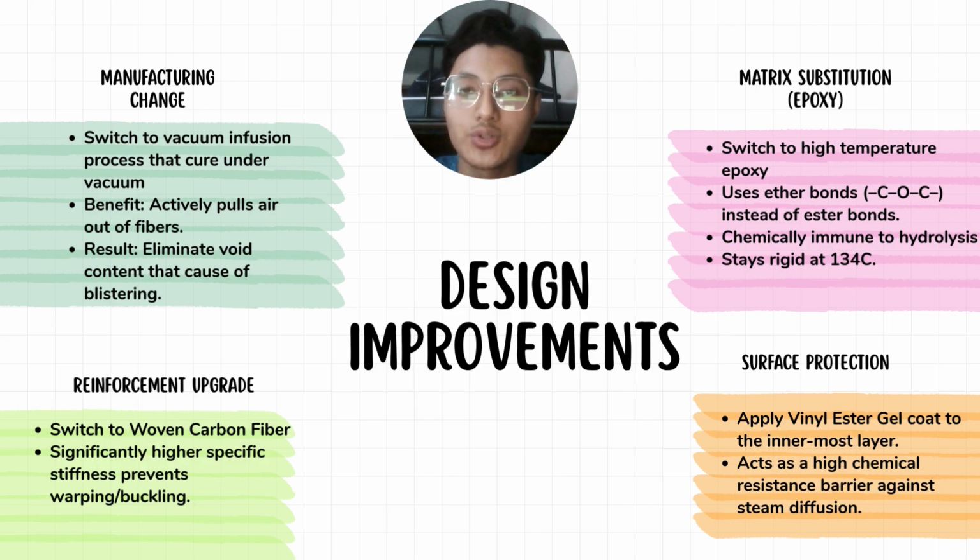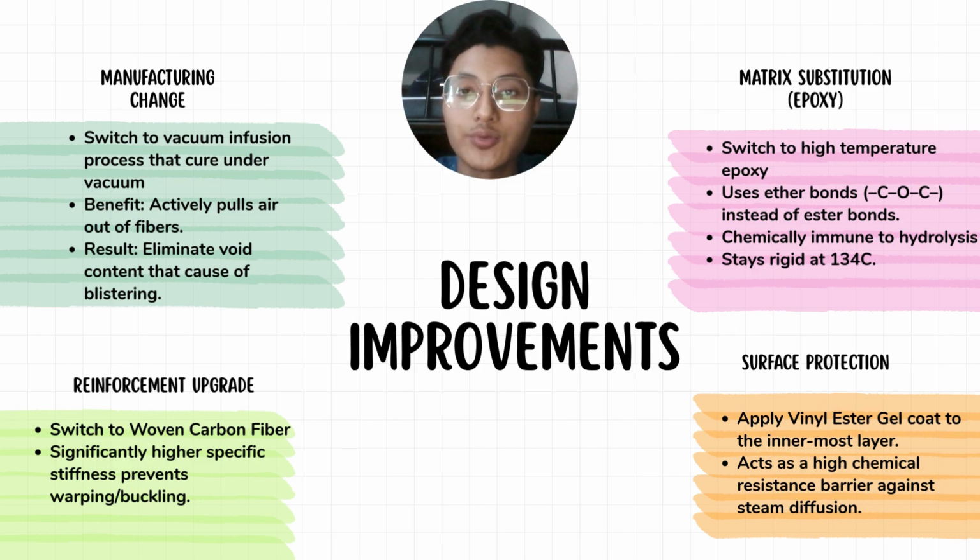For design improvement, first is manufacturing change. We will switch to a vacuum infusion process that cures under vacuum, approximately 1 bar. Then it can eliminate the void content that causes blistering. Second is reinforcement upgrade. We will switch to woven carbon fiber that has higher specific stiffness. Thirdly is matrix substitution.